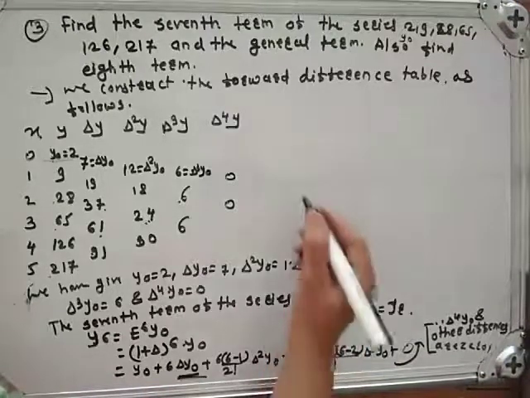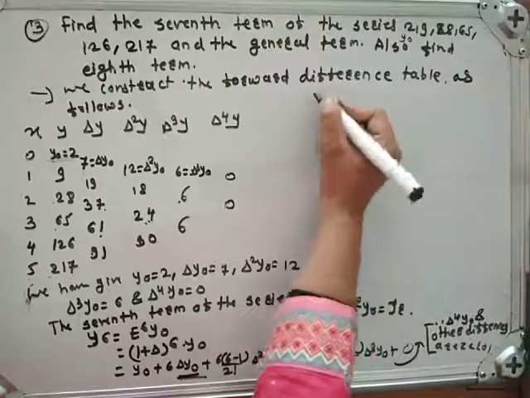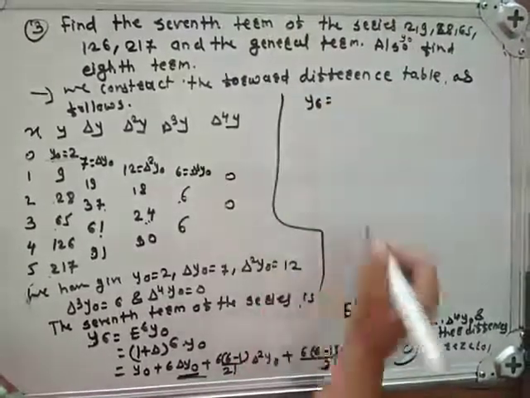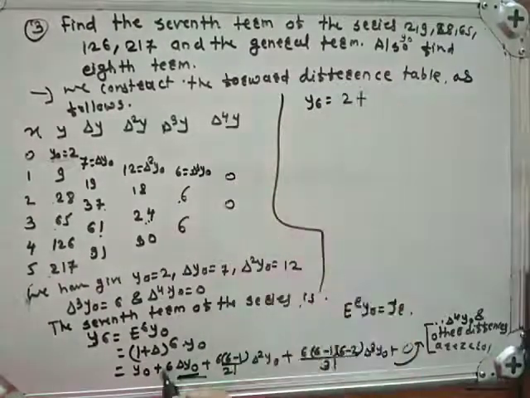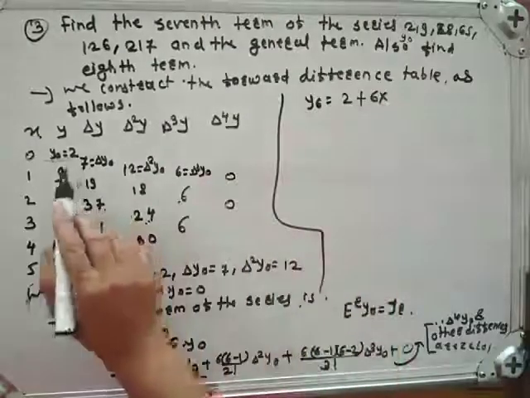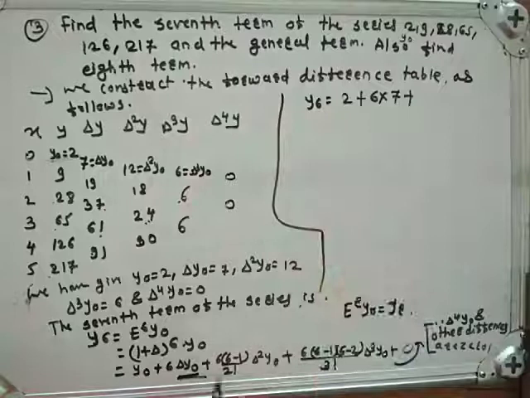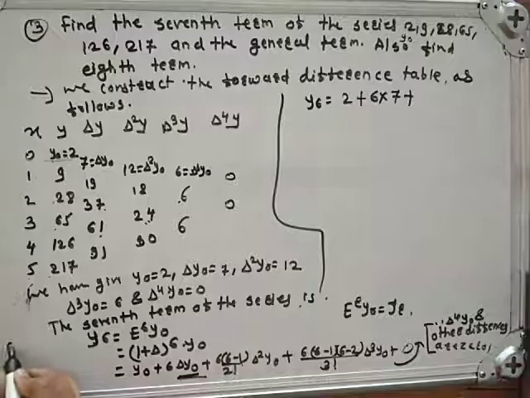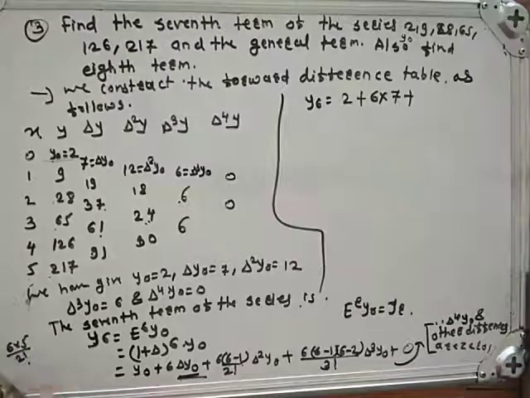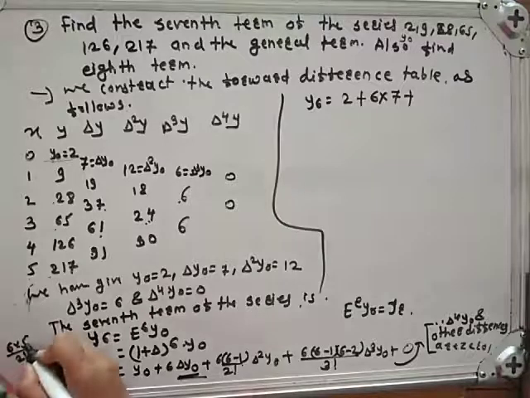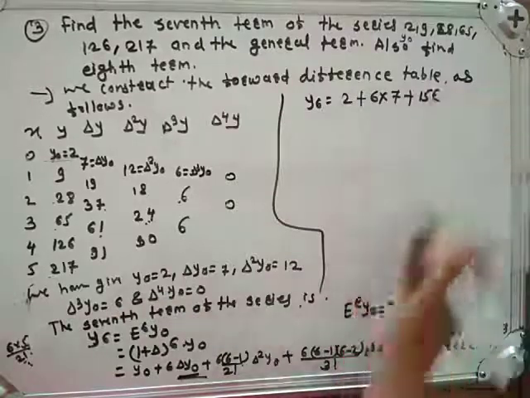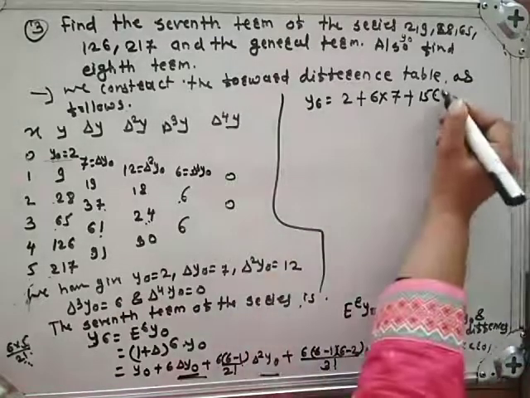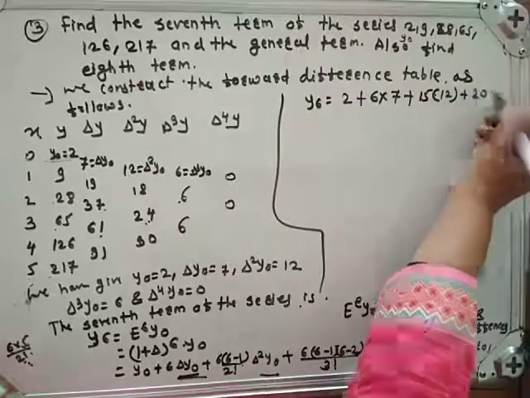Put the values of Δy0. Here you will get y6 is equal to y0, which is 2, plus next is 6 into Δy0, which is 7, plus, simplify this, 6 into (6 minus 1) means 6 into 5 upon 2 factorial. 6 into 5 is 30. 30 upon 2 is 15. 15 into Δ² of y0, which is 12, plus 20.